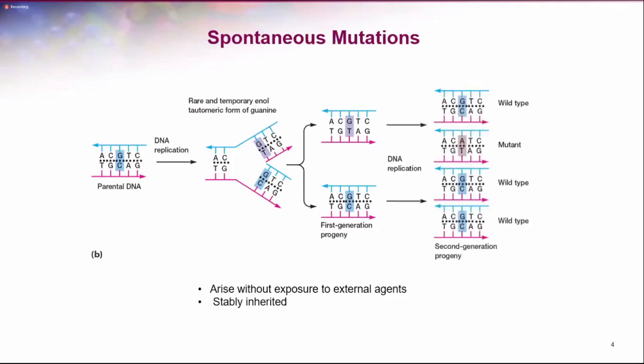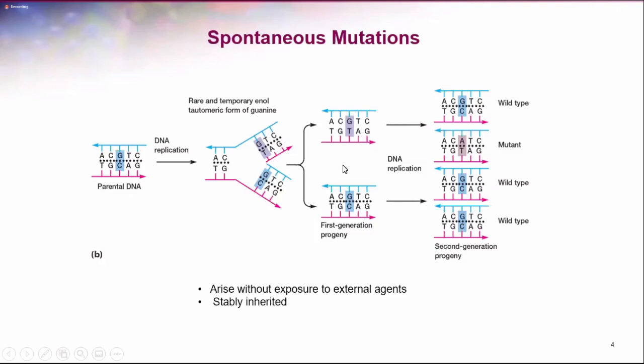But let's say the cell is able to survive, and now during the second set of DNA replications, the bottom daughter cell is going to have normal replication, whereas the top daughter cell is going to use both of its DNA strands as template. The top strand would give rise to the same phenotype as the parental DNA.